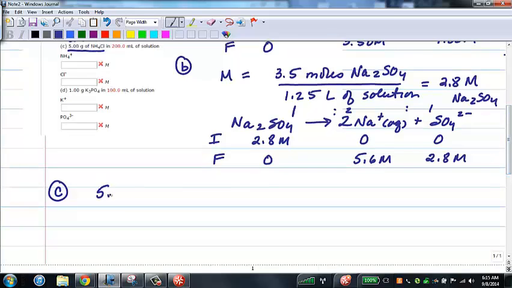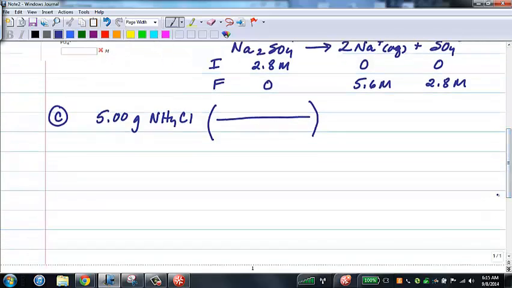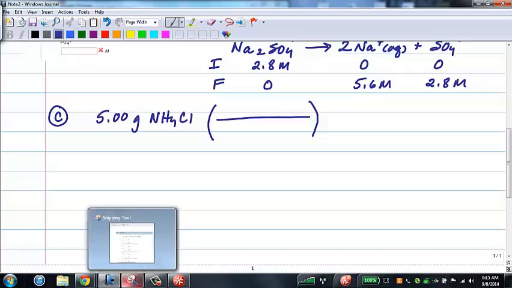So I have 5 grams of ammonium chloride, and I have to divide by its molar mass in order to determine the moles of ammonium chloride.